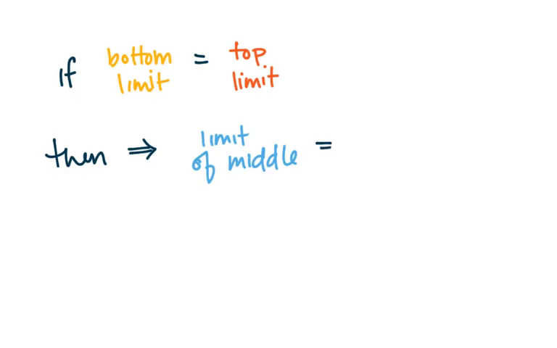So if the bottom and the top limit equal some value L, then the one in between must also equal that value L. So let's look at one example.